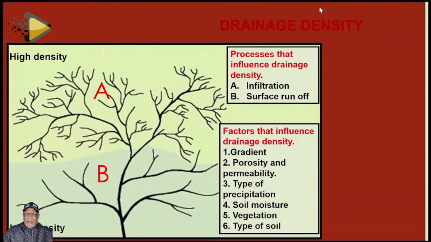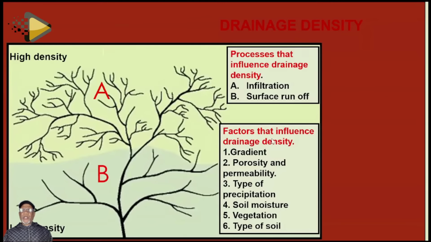Now, drainage density is influenced by two processes, infiltration and surface runoff. There are also factors that influence drainage density: gradient, porosity and permeability, type of precipitation, soil moisture, vegetation, and type of soil. This is the game I want us to play.